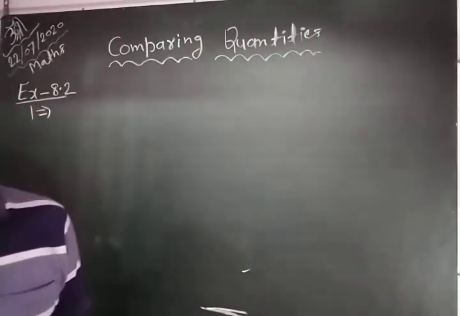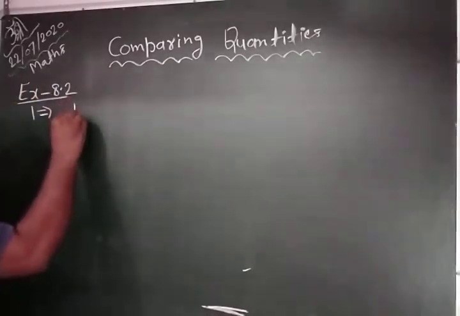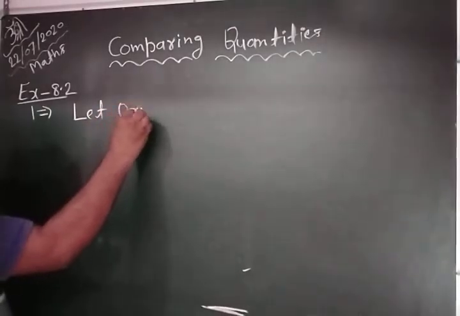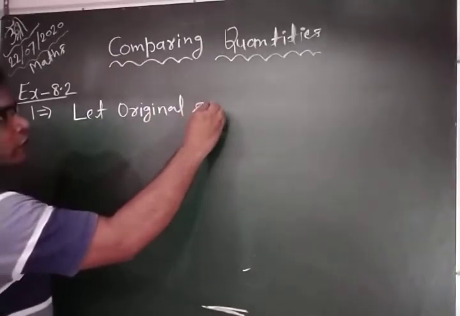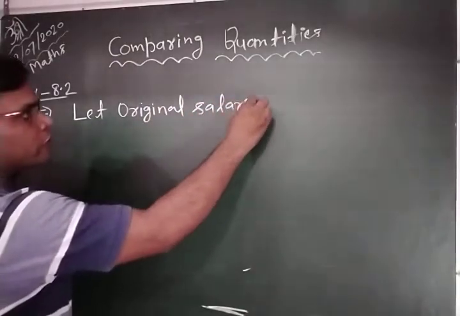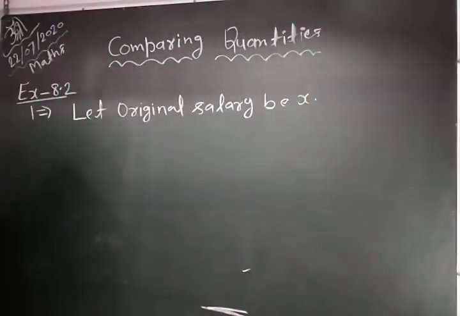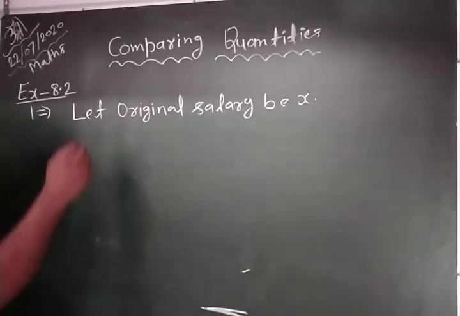So first we let the original salary be x. Original salary be x. So new salary is equal to original salary plus 10% of original salary. Okay. So we find here new salary.